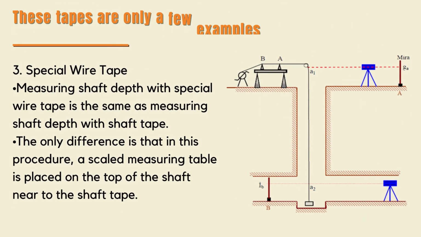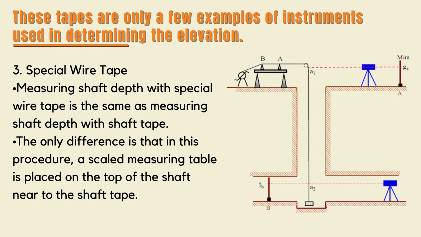Number 3. Special wire tape. Measuring shaft depth with special wire tape is the same as measuring it with shaft tape. The only difference is that in this procedure, a scaled measuring table is placed on the top of the shaft near the shaft tape.